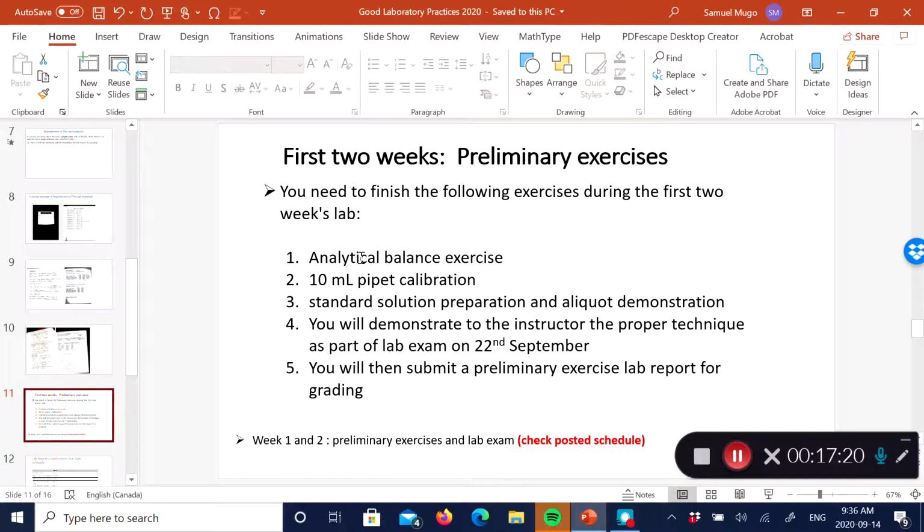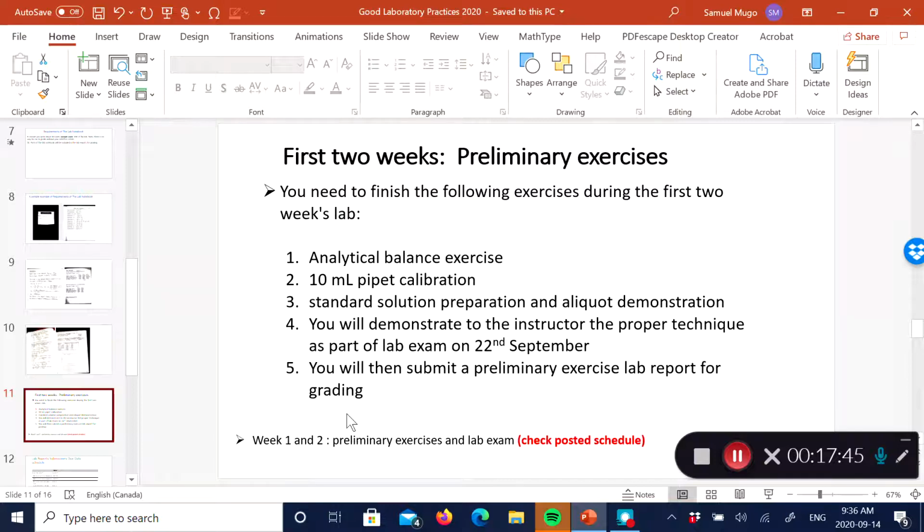So you're going to do the analytical balance exercise. You're going to calibrate the glassware. And you're going to do things like standard solution preparation. You're going to practice how to take an aliquot using a pipette. And you're going to do a lab exam as well related to demonstrating those skills. That's going to be next week on Tuesday.